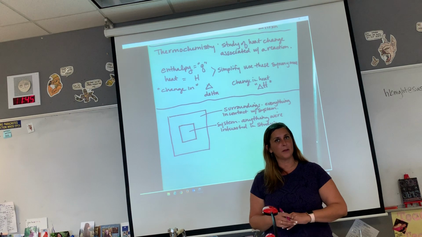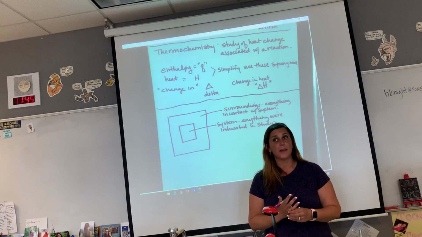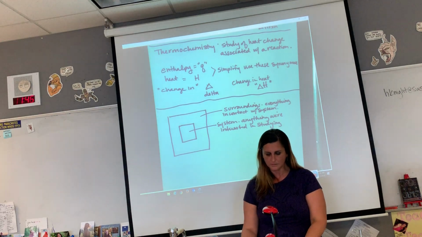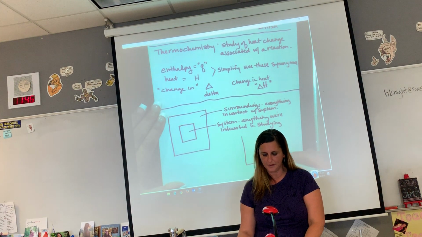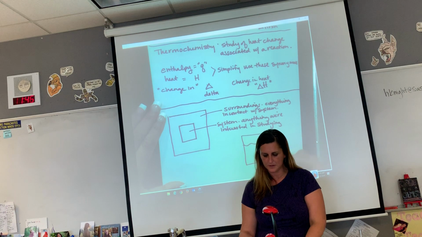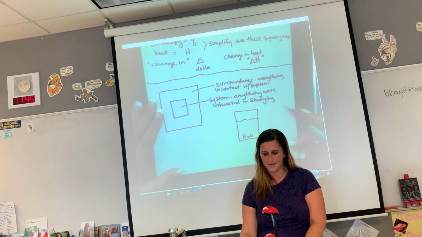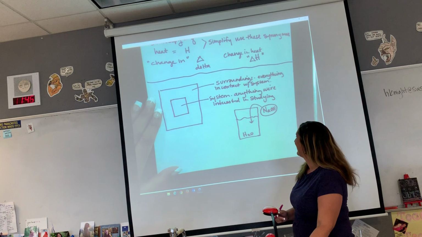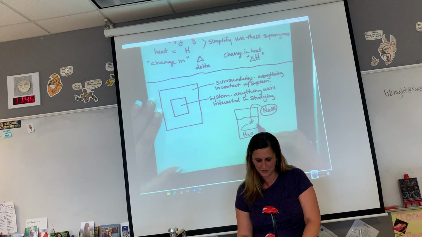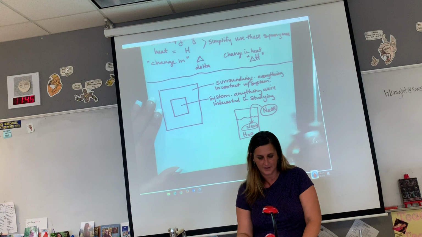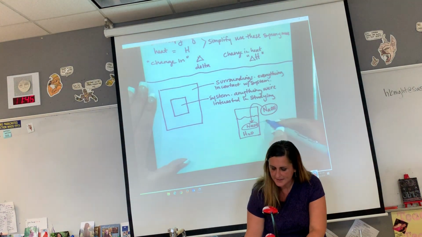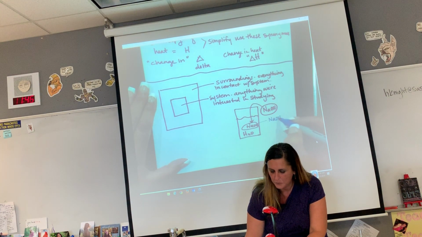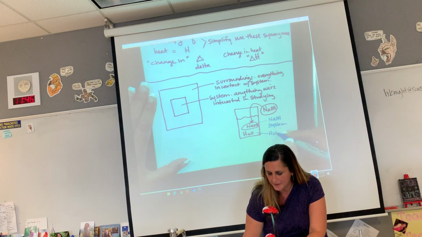So as an example, if I was making a solution of sodium hydroxide, where I have a beaker of water, so here's my water, and into the beaker I put some sodium hydroxide, NaOH. We would define in that case that the NaOH would be considered the system, and the water would be the surroundings.